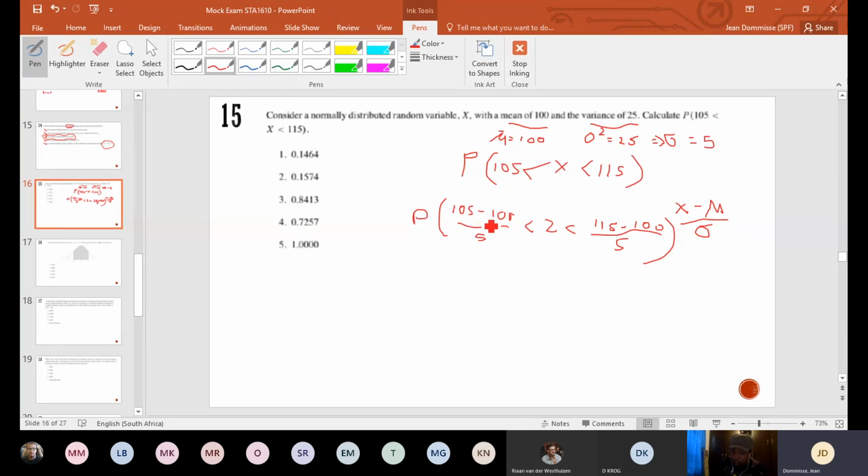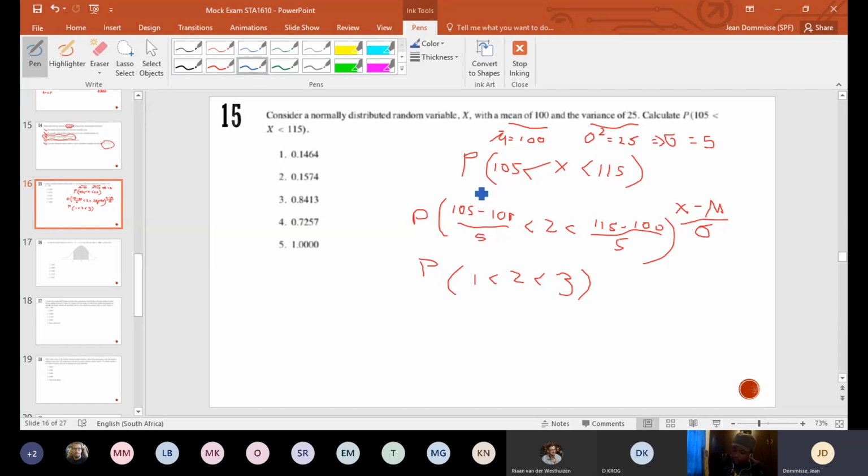So 105 minus 100 is 5. 5 divided by 5 is 1. 115 minus 100 is 15. 15 divided by 5 is 3. So we need to work out what is the probability that Z is between 1 and 3.